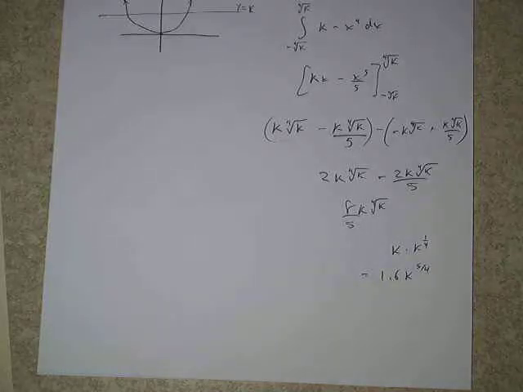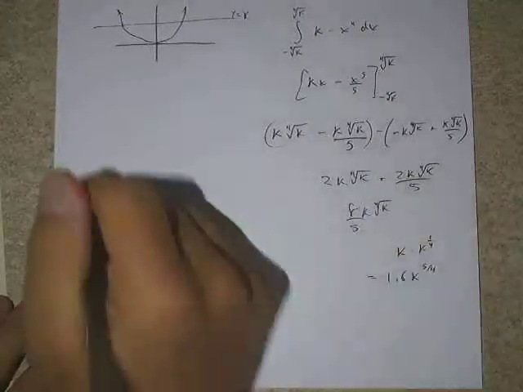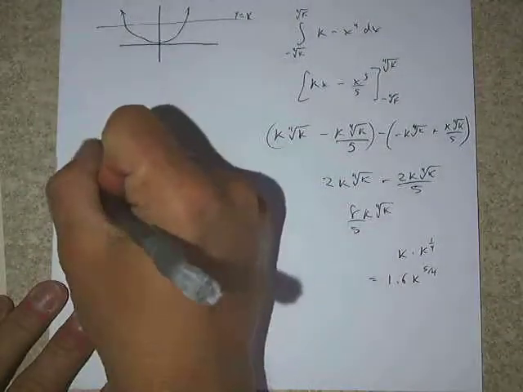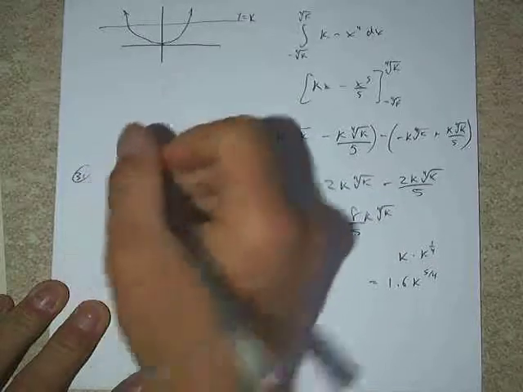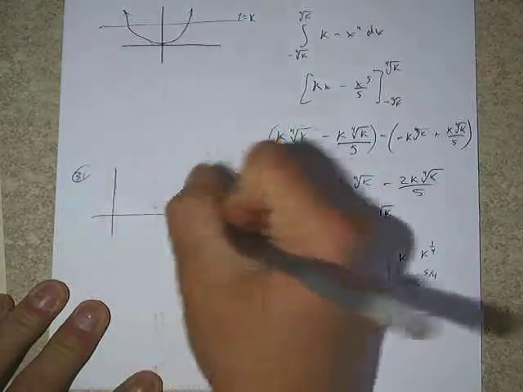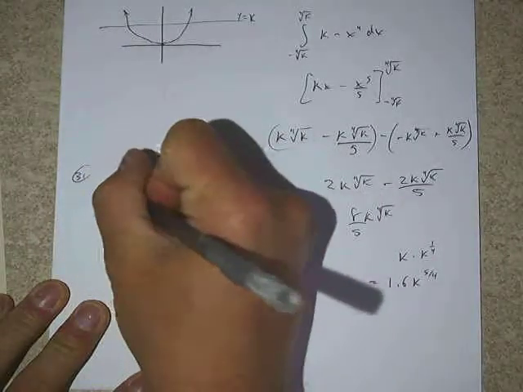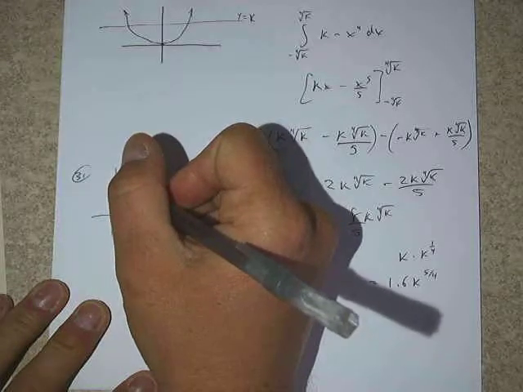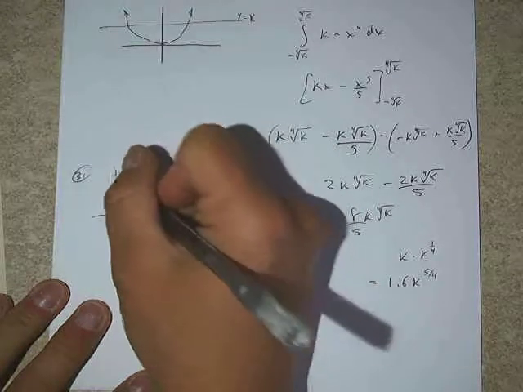What else? Calculator part. 31, we have an area enclosed by the line y equals 2 and the parabola 6 minus x squared.